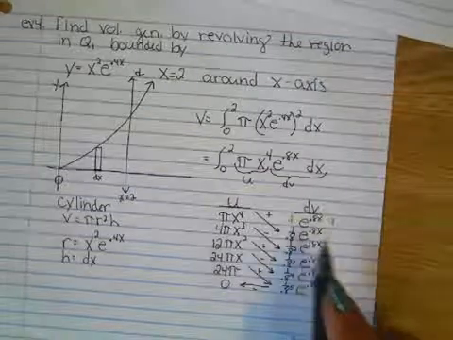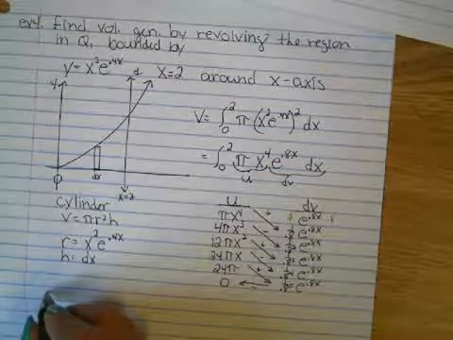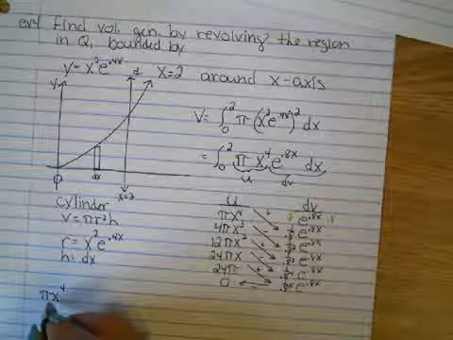So this gets to be a lot of writing. So we've got pi x to the 4th. How do I want that?